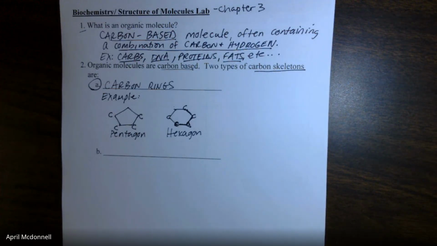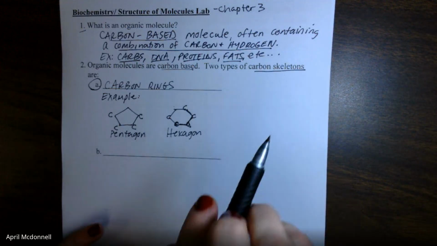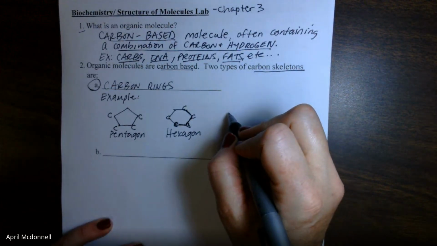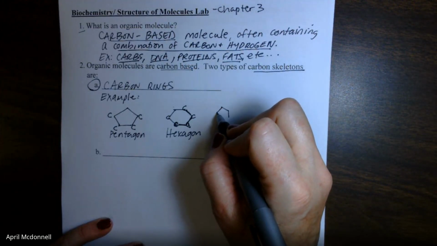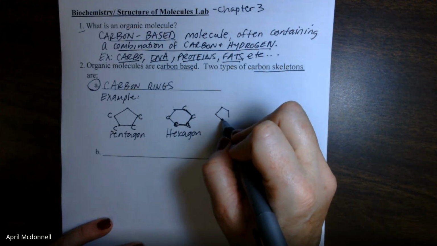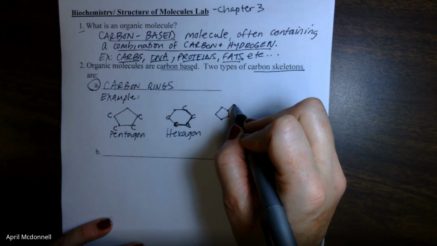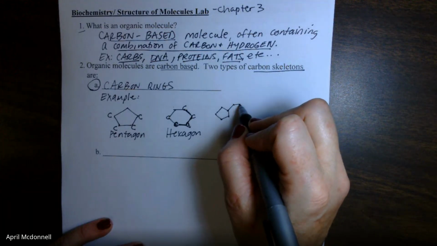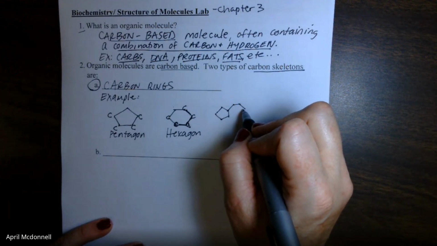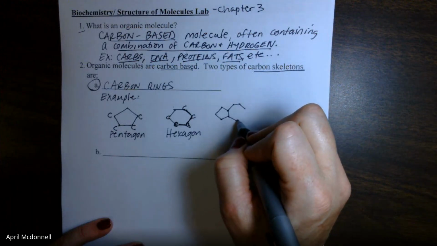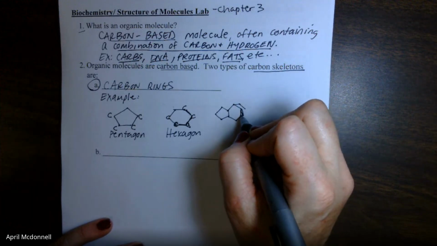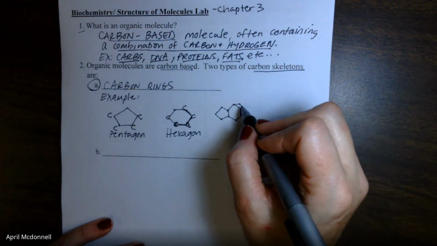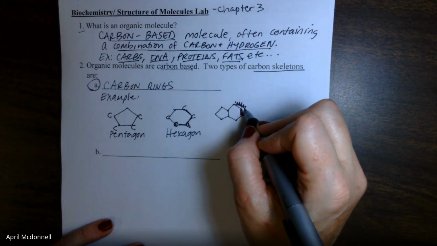Some carbon rings are small and individual. Some carbon rings are fused together. I'm going to draw what looks like a pentagon attached or fused together to a hexagon. A little bit of an error there, sorry for that.